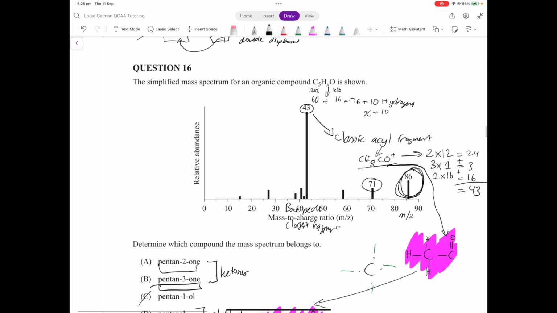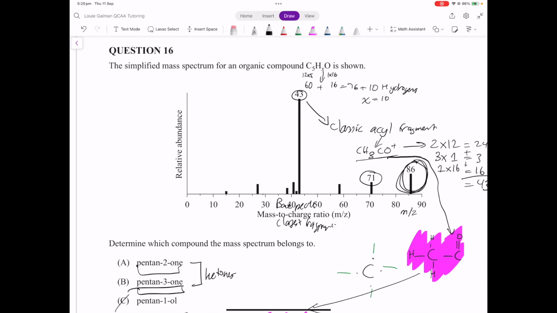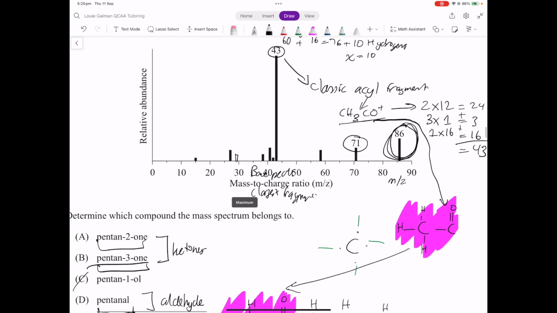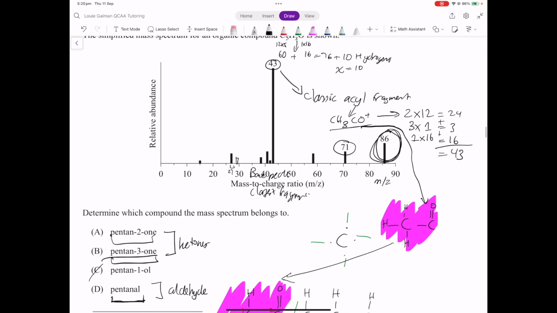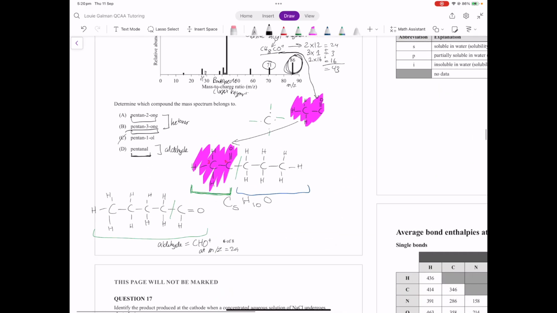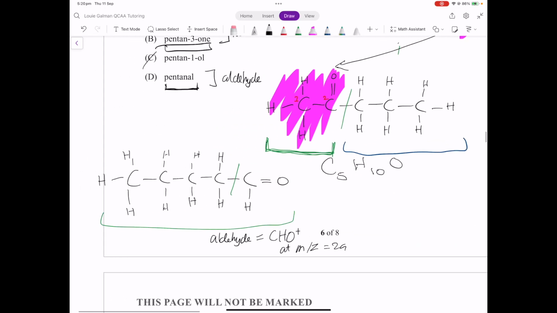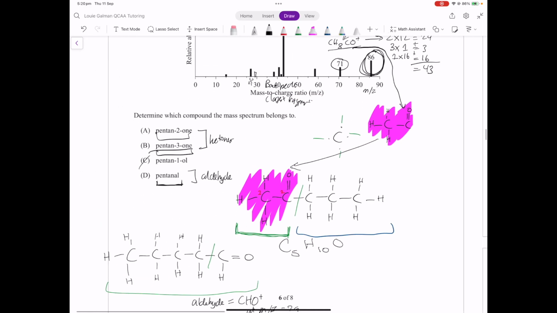And you can see that 29 would be around here, but there's not really anything for 29. And this right here would be around 27. So that's definitely something we can't really get in an aldehyde, if that makes sense.